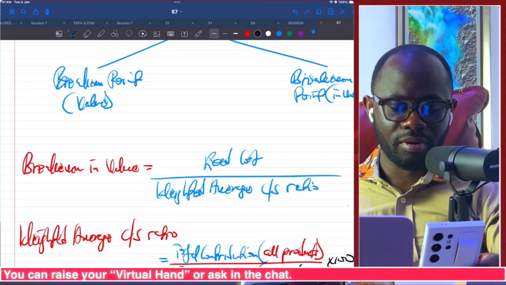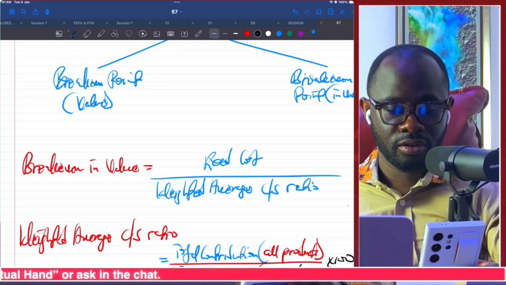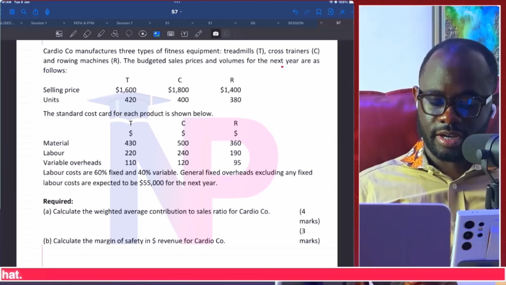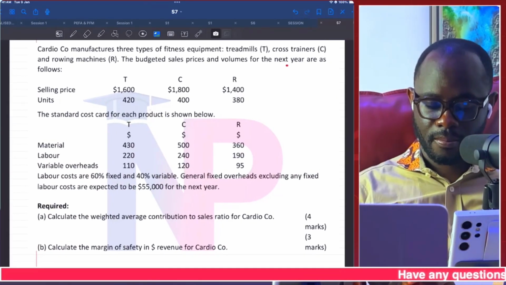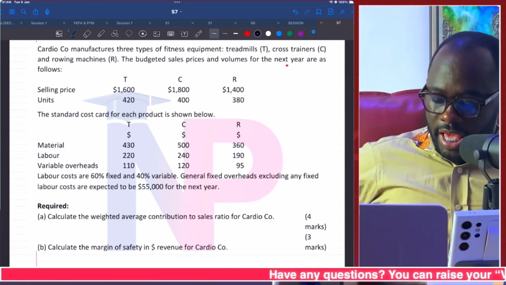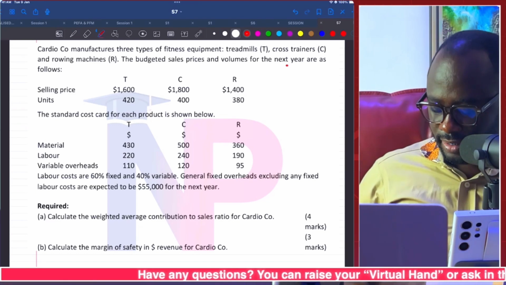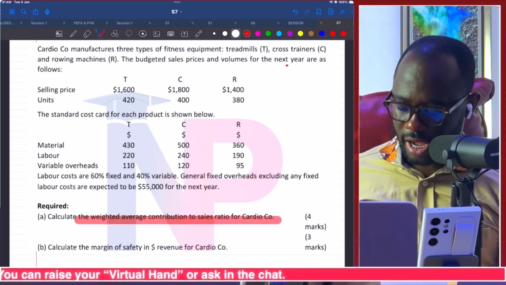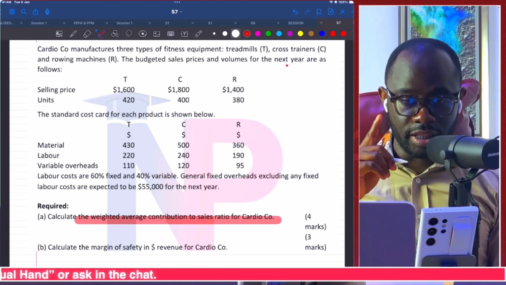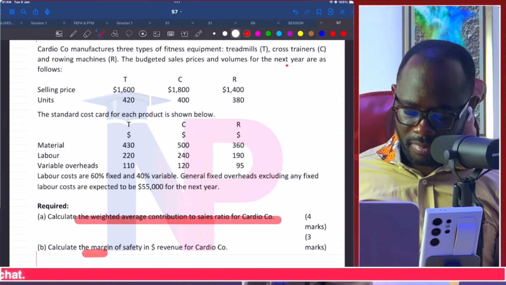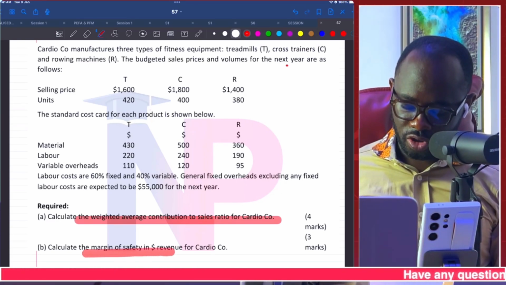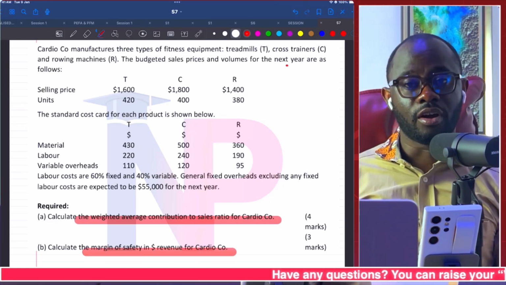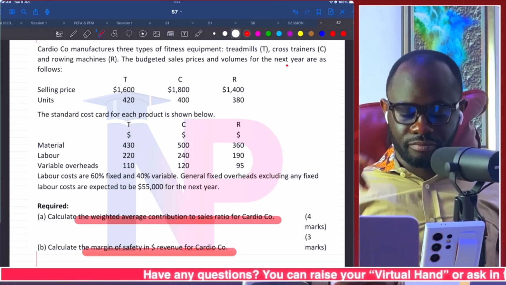So let me bring up an illustrative question here. Cardio Co. The A aspect of the question says, calculate the weighted average contribution to sales ratio for Cardio Co. Then B says, calculate the margin of safety in dollar revenue for Cardio Co. So let's go.